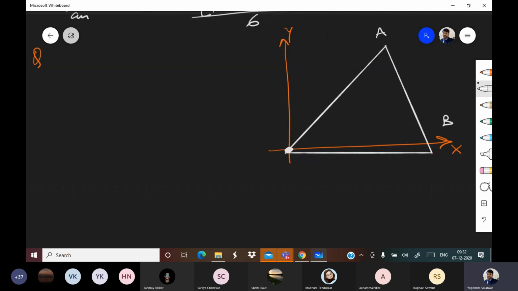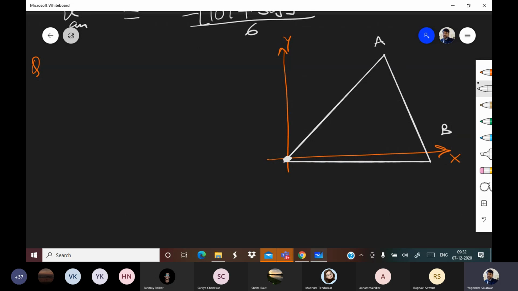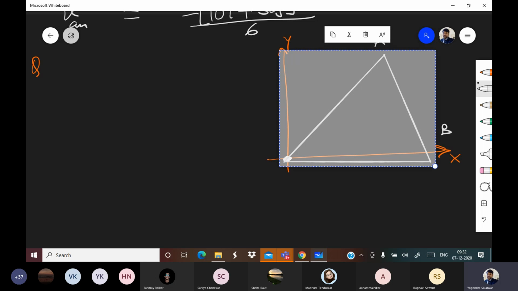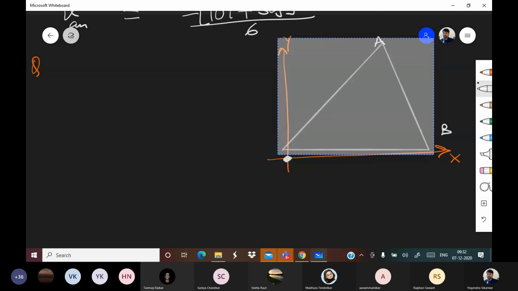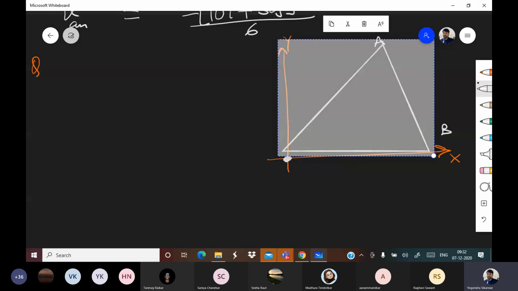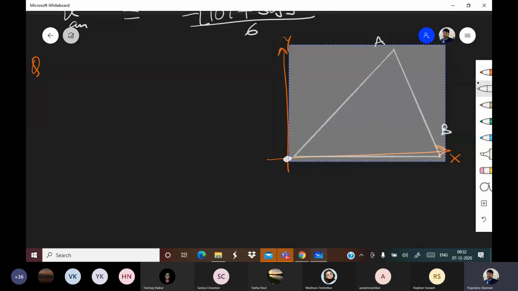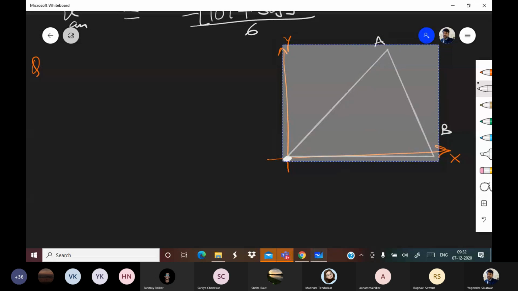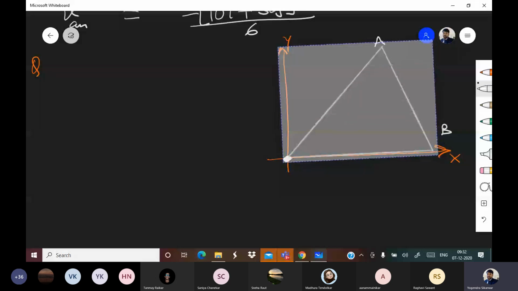It's not happening, but you understood that one particle is at origin, one particle is at B, and one particle is at A. All these three particles are basically, two are on the x-axis and one is on the third side. Keep that in mind.